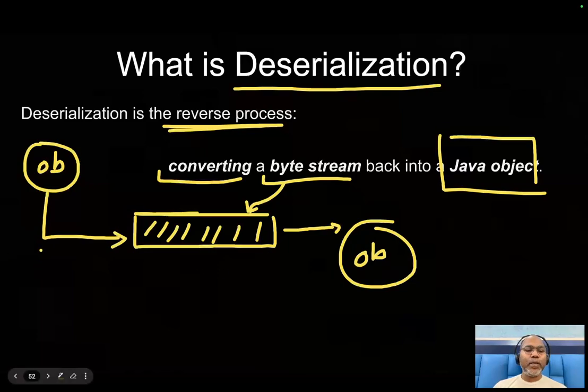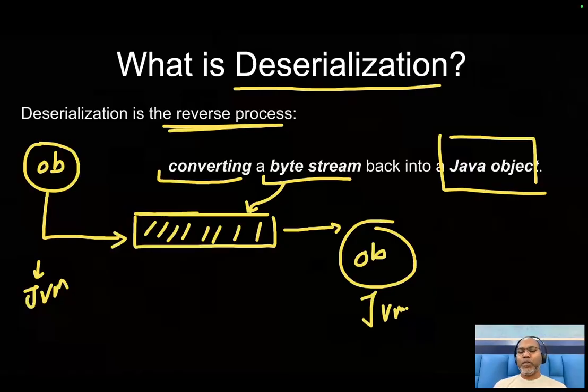Maybe this is in JVM1 and this is in JVM2, different machines. So this is the byte stream, this is the Java object, this is also a Java object. Converting a Java object to a byte stream is serialization, and converting the byte stream back to a Java object is the deserialization process.